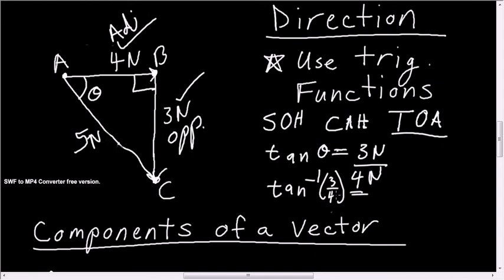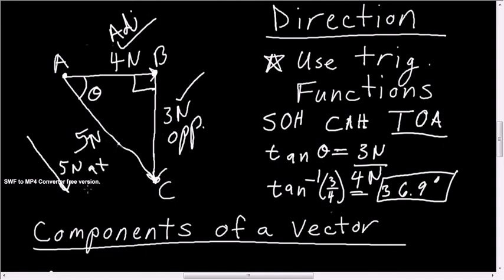I get 36.9 degrees. Okay? So ultimately we have a vector going in this direction, which is 5 newtons at 36.9 degrees below the horizontal.